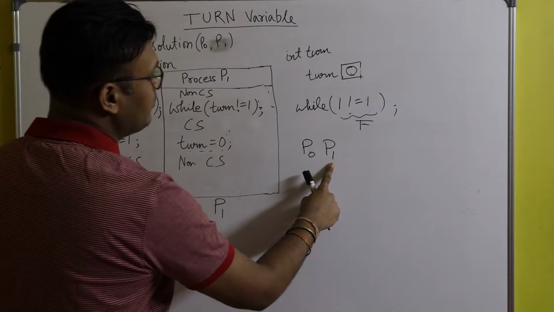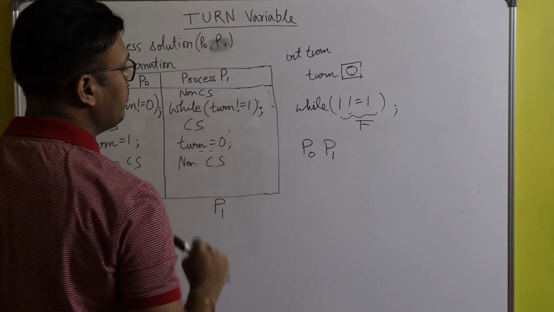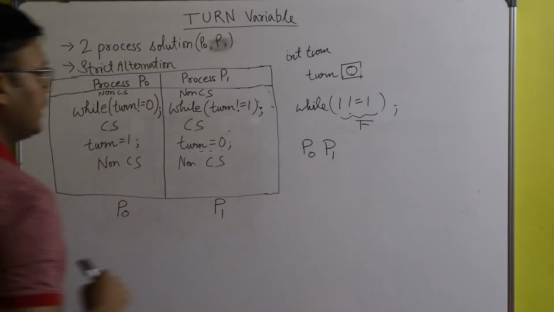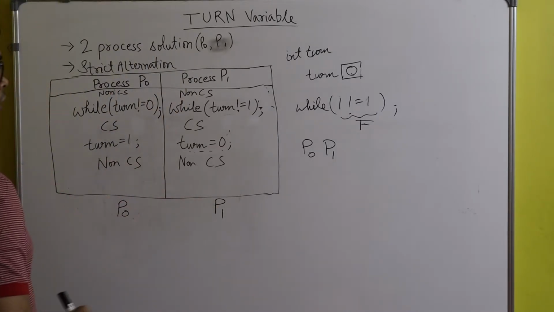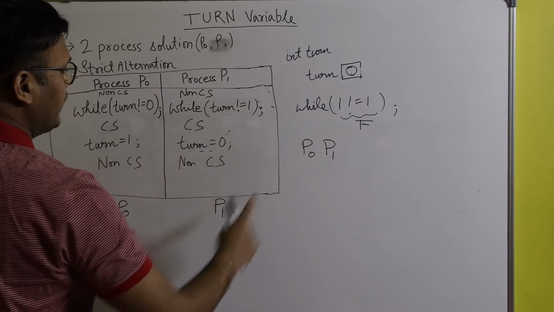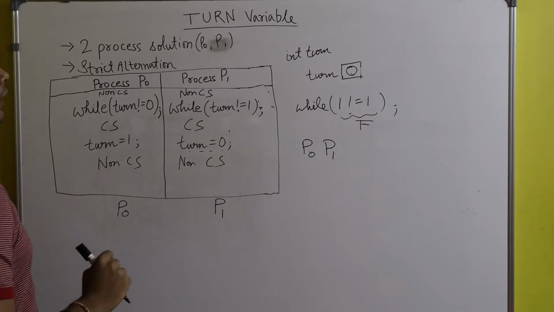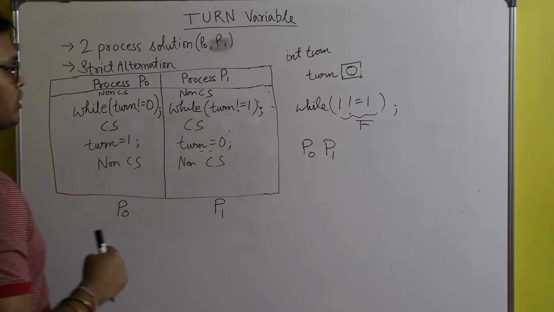After this, which process can enter the critical section again, P0 or P1? Let's check. Suppose P1 again wants to enter the critical section. Let's see, is it possible?